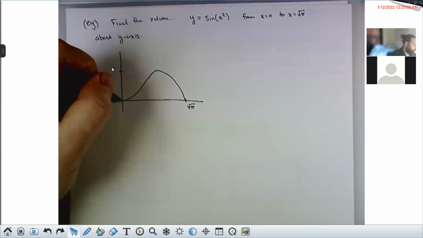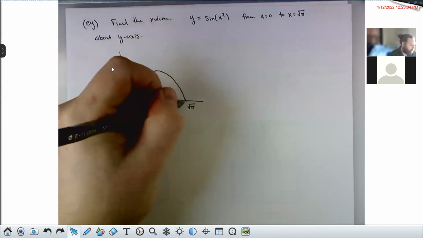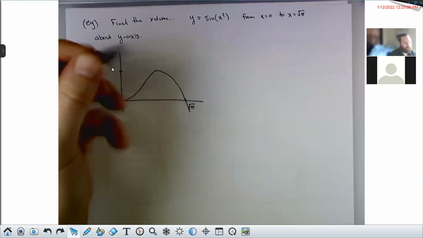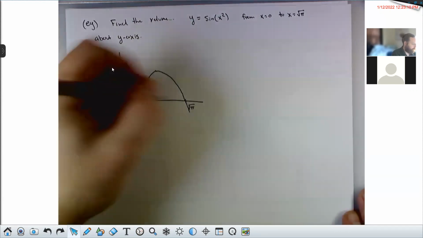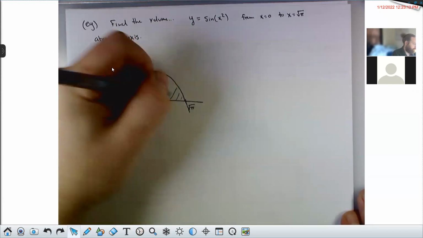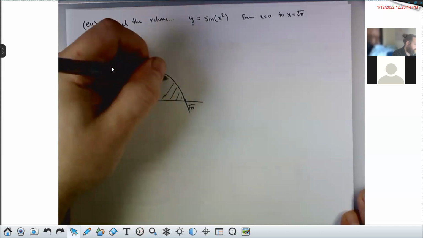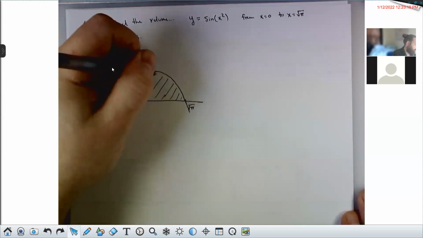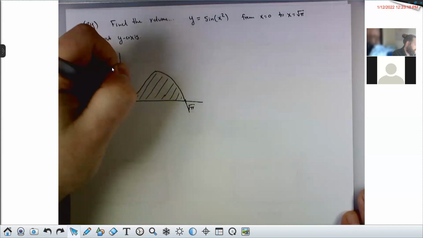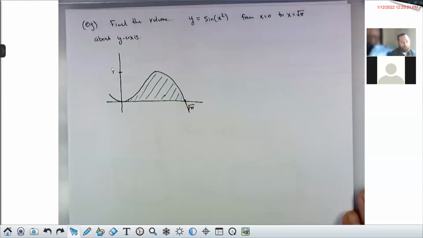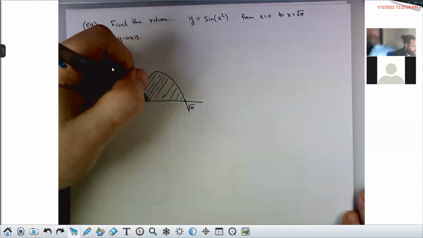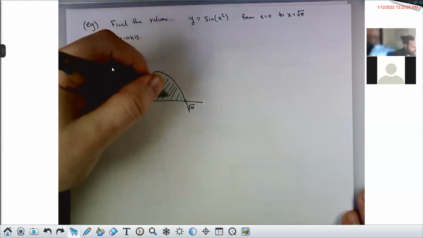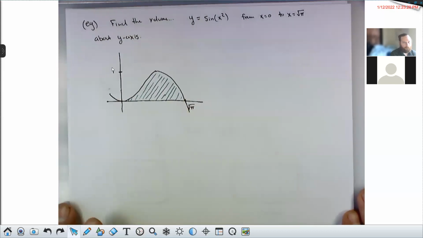And it does continue, it does the same sort of thing over here. It's an even function. It goes down here. I don't care about any of that. Here's our region. There's my region.